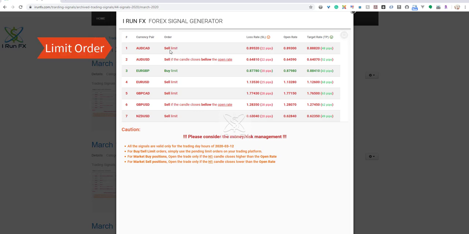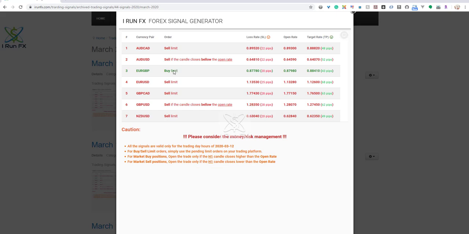One type is limit order, and the other type is market order, which is kind of conditional. For example, it says sell if the candle closes below the open rate. What candle? H1 candle. We'll see what I am referring to.